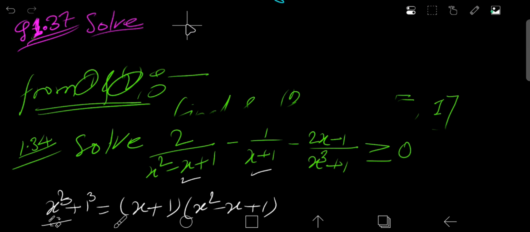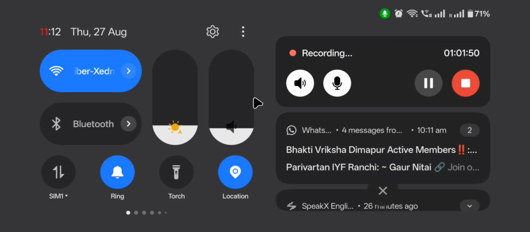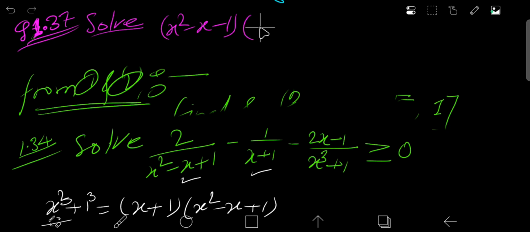Solve the inequality x square minus x minus 1, and this side x square minus x minus 7, is less than 5, minus 5.